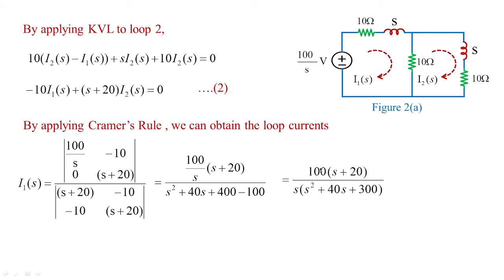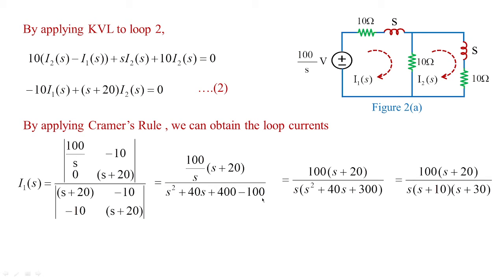So this can be changed into 100 S plus 20 whole divided by, this S goes to the denominator, S times S square plus 40S plus 300, because 400 minus 100 becomes 300. Now you can easily get the solution for S square plus 40S plus 300, which will be equivalent to S plus 10 and S plus 30. Now this is the equation we can frame for I1 of S.